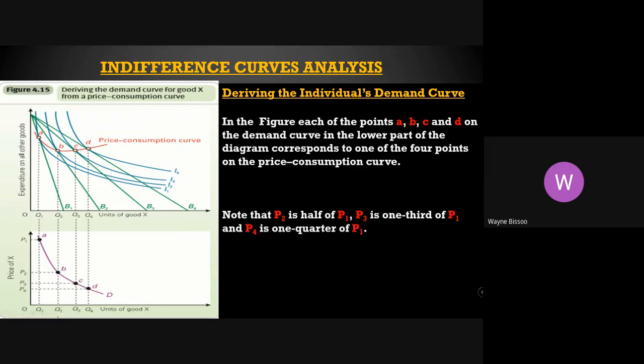All right. In the figure, each of the points A, B, C, and D on the demand curve in the lower part of the diagram corresponds to one of the 4 points on the price consumption curve. That's this point here, each of these here. Note that P2 is half of P1, P3 is 1/3 of P1, and P4 is 1/4 of P1.